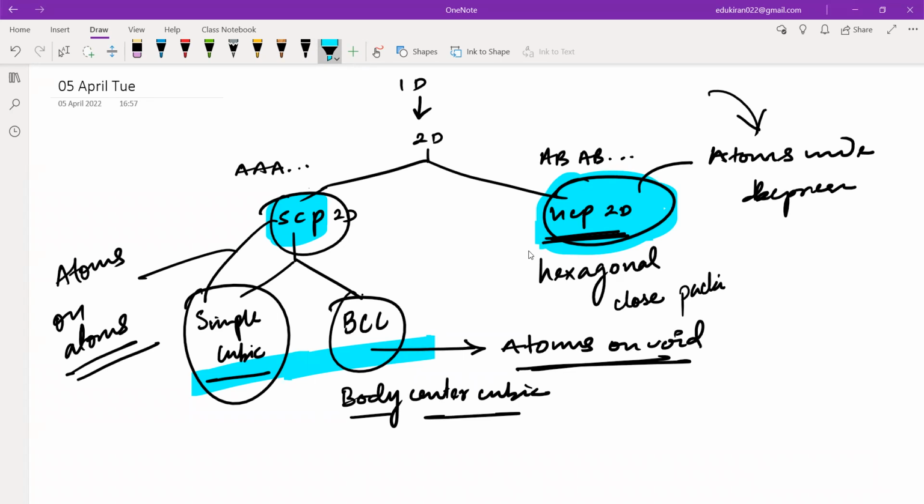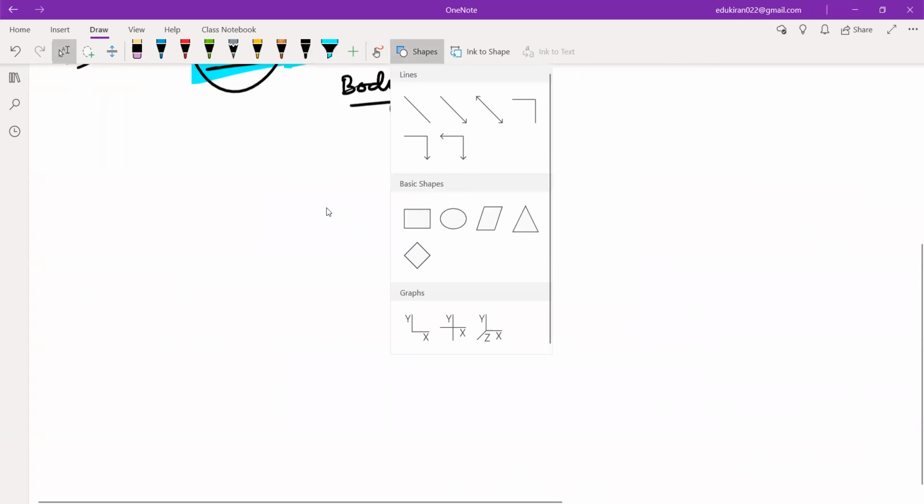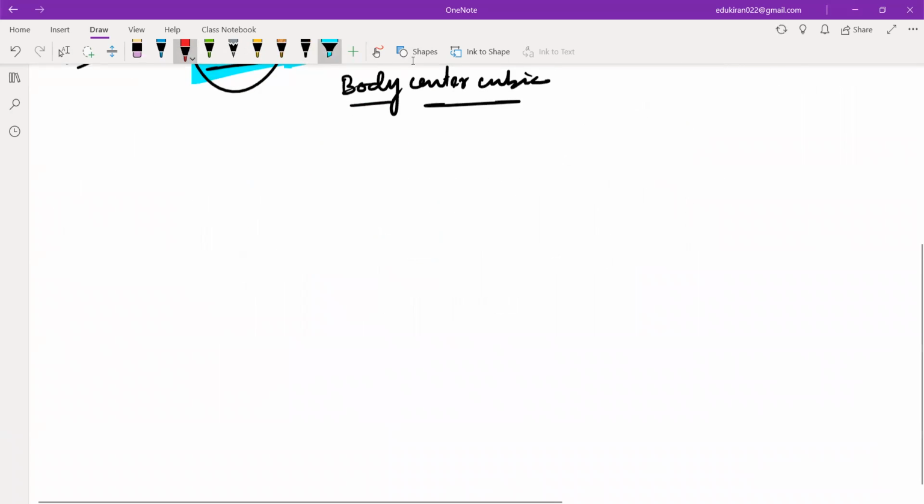Now from here, please listen very carefully. Don't write anything. So first of all, let me make the HCP packing in 2D. But make sure that whatever circles I am making, these are not circles, rather these are spheres.